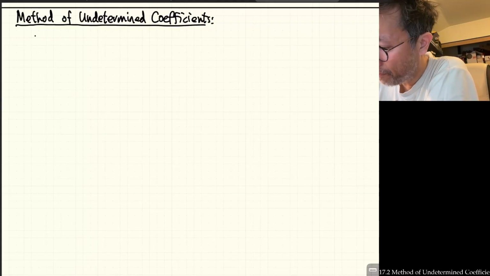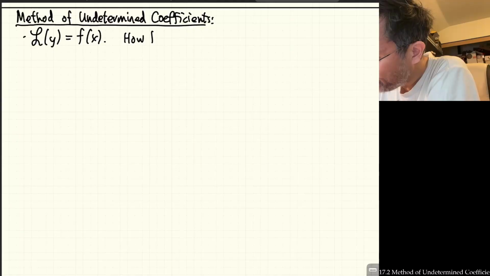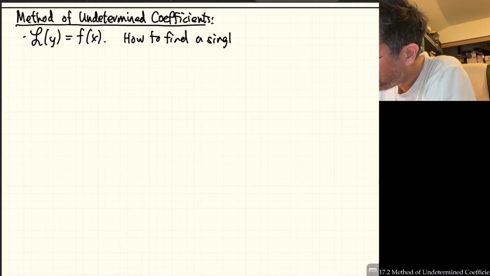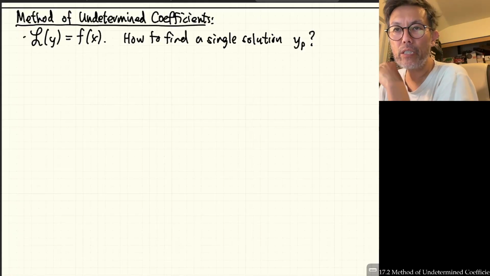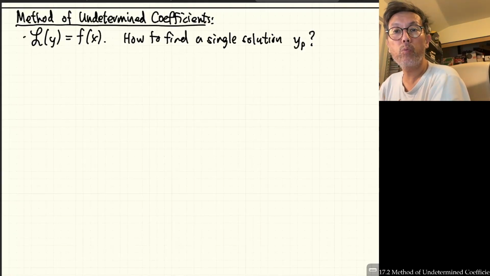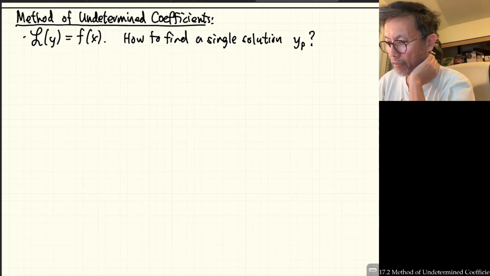So we're given L of y equals f of x, and the question is, how do we find a single solution, y sub p? And what the method of undetermined coefficients suggests is that we make a really good guess for y sub p based upon f of x.